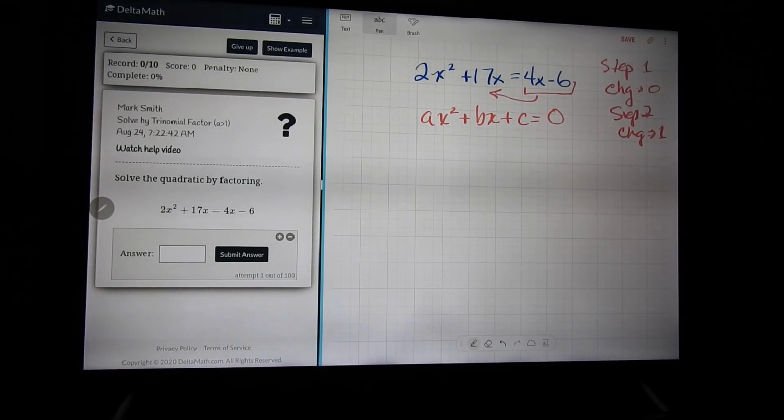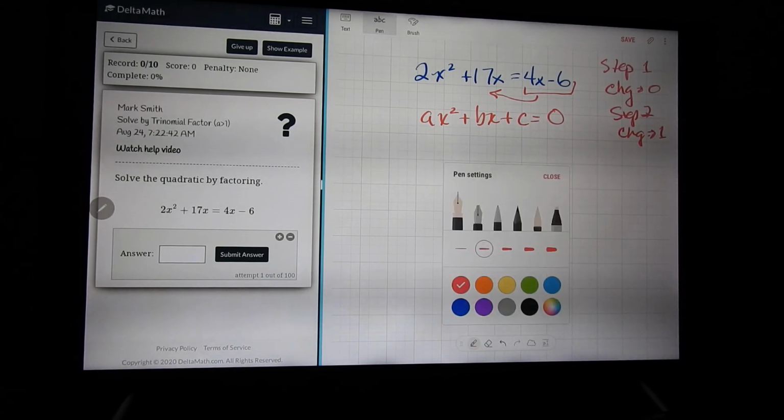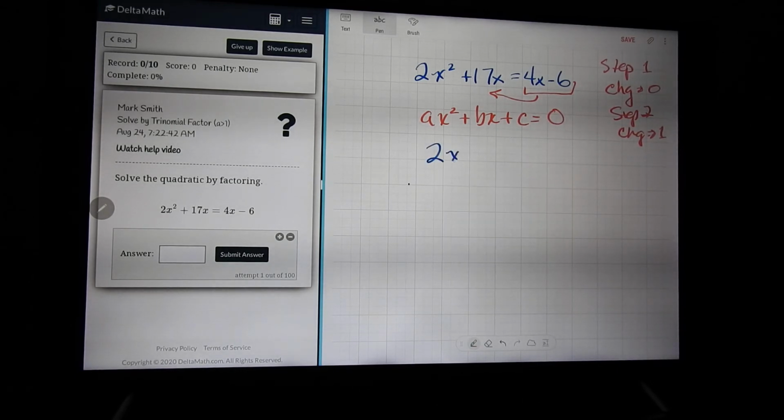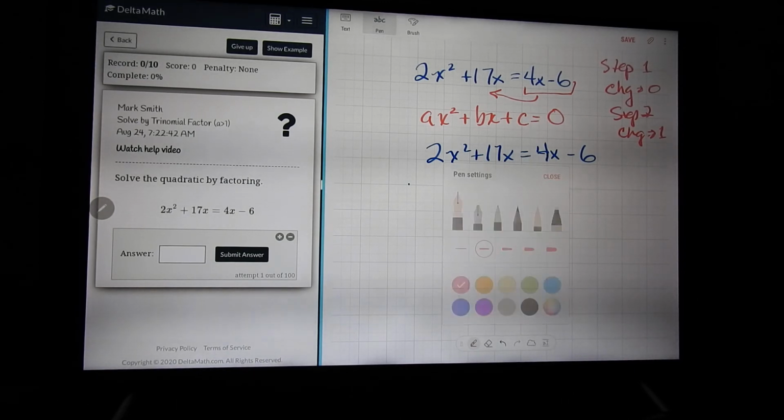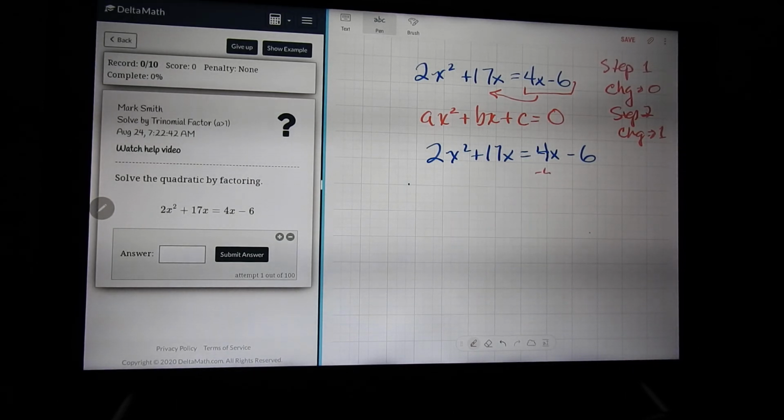So 2x squared plus 17x minus 4x minus 6. We need to change 4x minus 6 to 0. We're going to do that by subtracting. We change 4x to 0 by subtracting 4x.